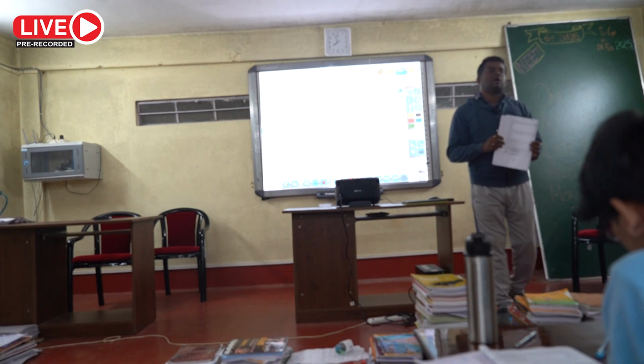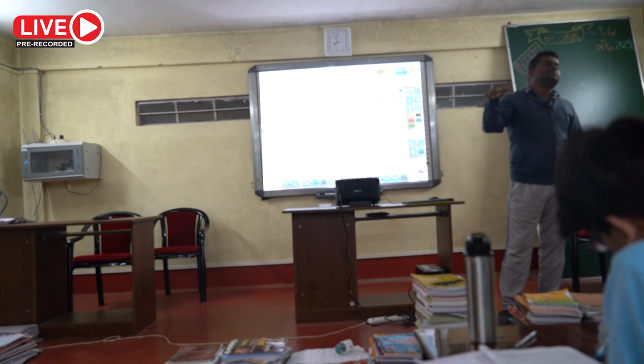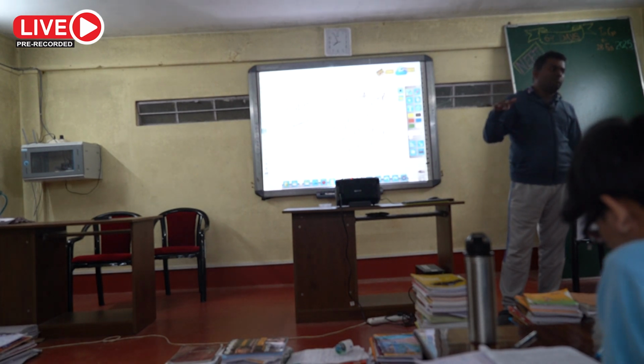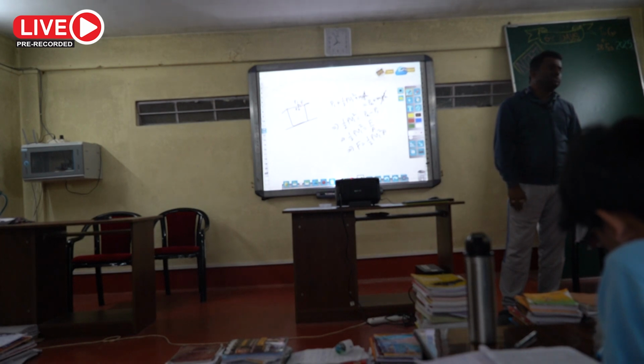Another example is there. If a through train is passing through the platform, then passengers are requested to stay away. Why?